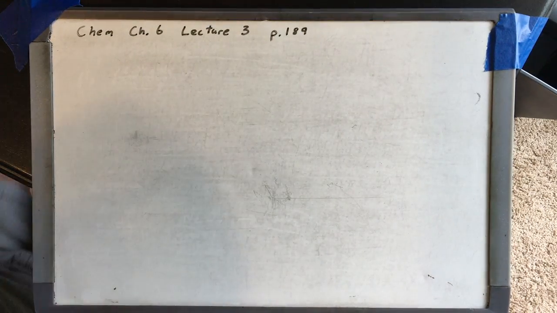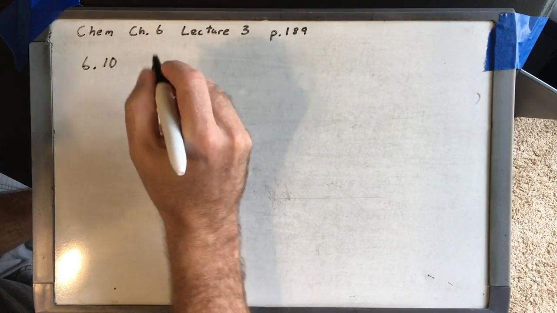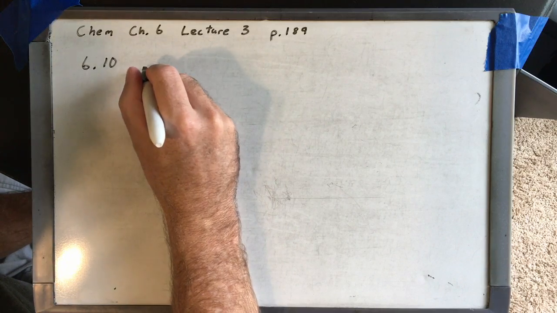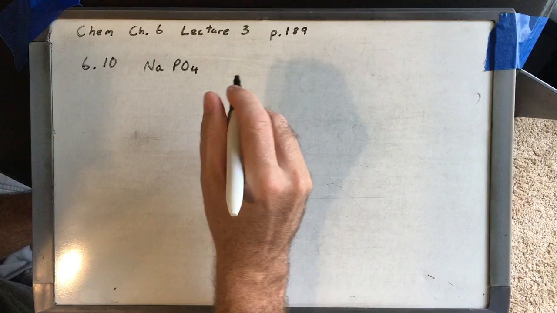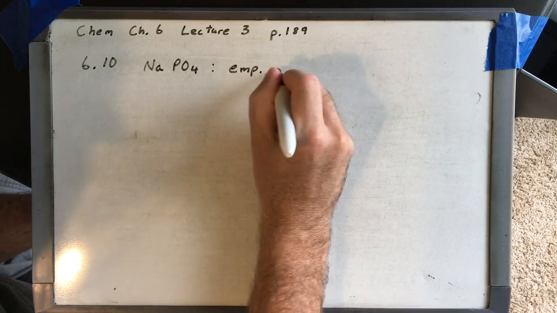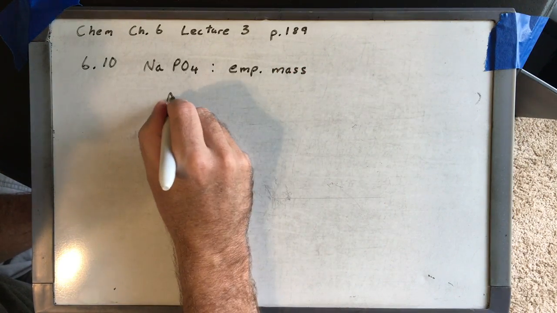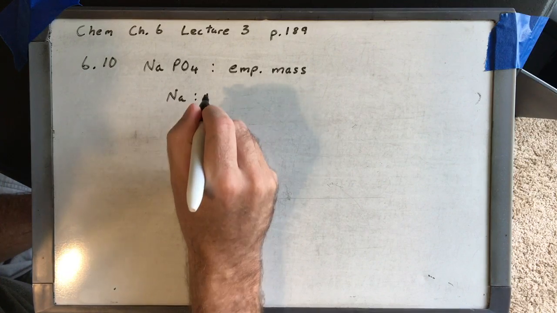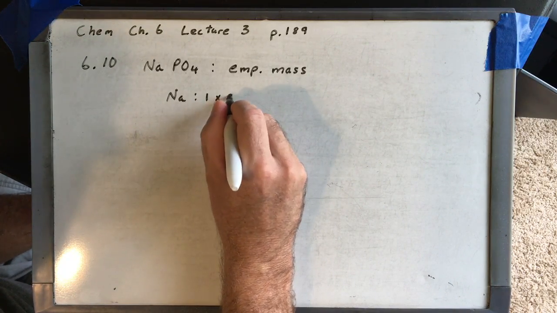All right, so the first thing that you want to do, for 6.10, if our empirical formula is NaPO4, we need to add up the empirical mass. So for sodium, we have 1 sodium. If you look at your periodic table, each sodium weighs 23.